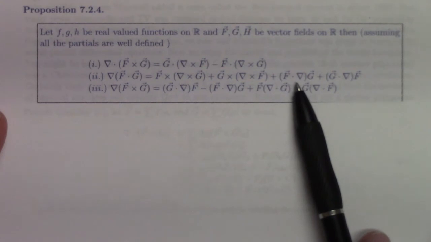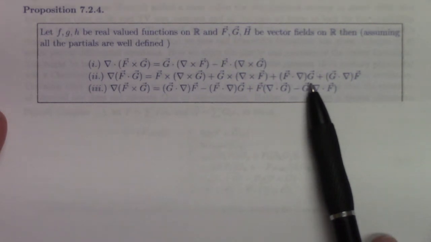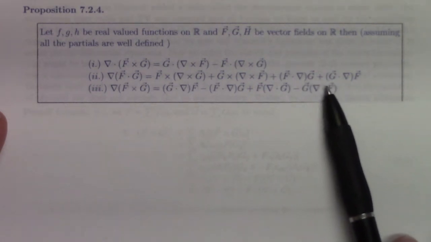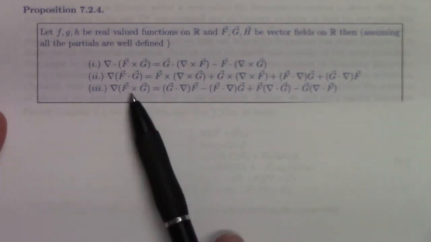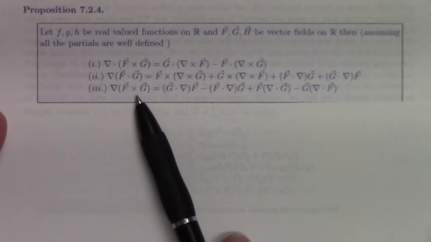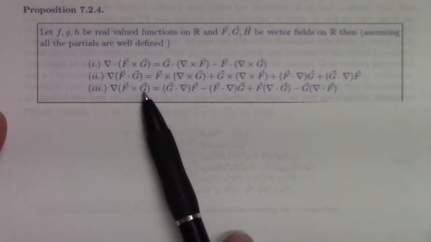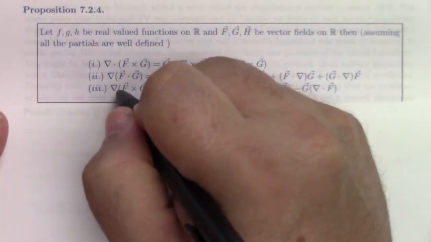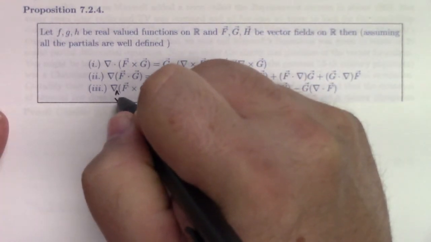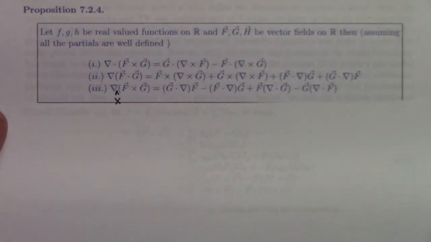This would be F1 partial x plus F2 partial y plus F3 partial z acting on G, plus G dot del acting on F. Wow, that's quite something. And then the gradient of a... this doesn't even make sense. I think I'm missing a curl right there. Let's hope so.